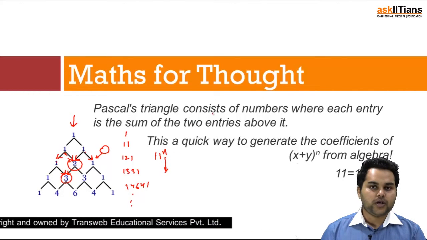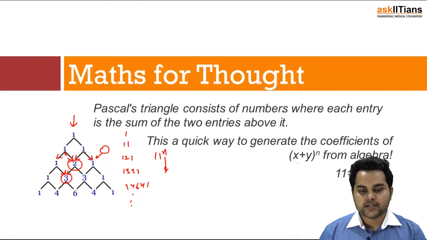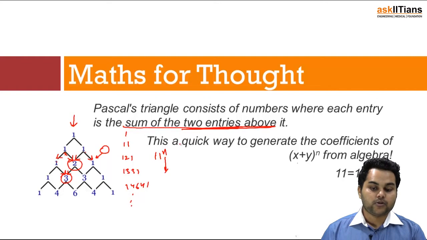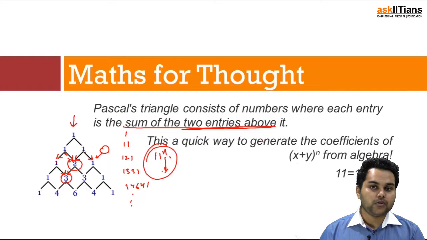So if I come back to Pascal triangle, it consists of numbers where each entry is the sum of two entries above it. But this is also a quick way to generate 11 raised to n, the reason being, the mathematics behind that is, it is of the form (x plus y) raised to n.